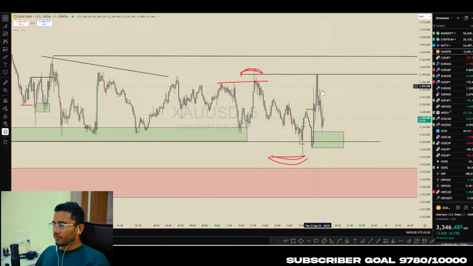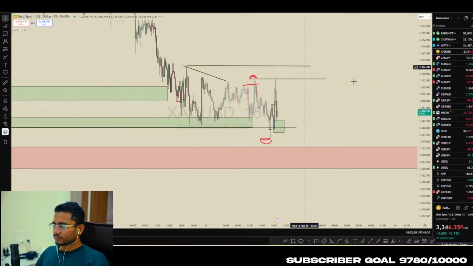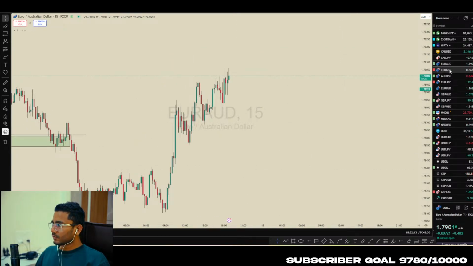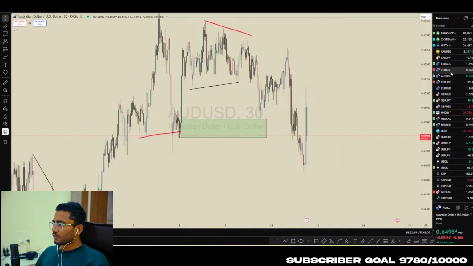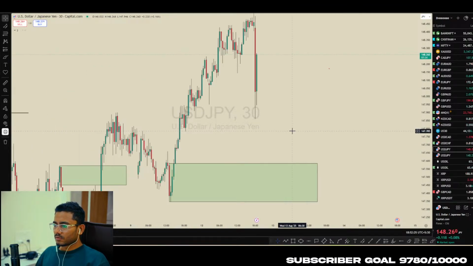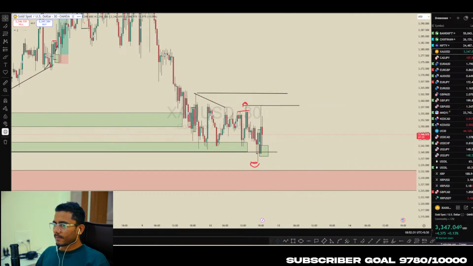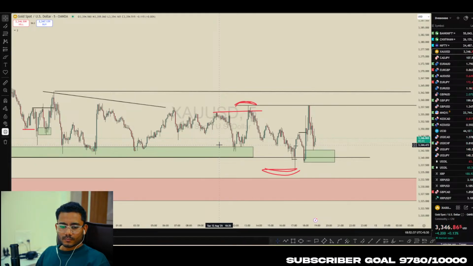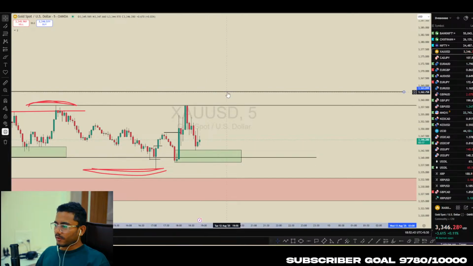If this continues, then we can look for a continuation entry. Seven to five area.